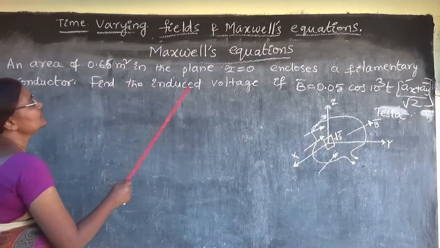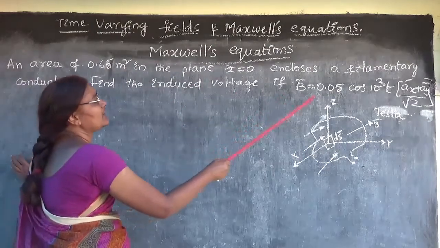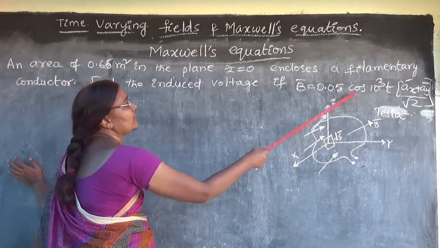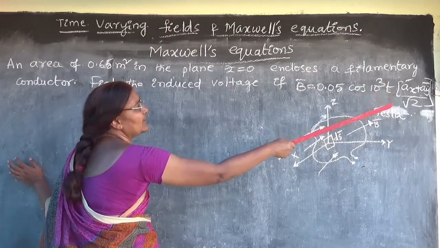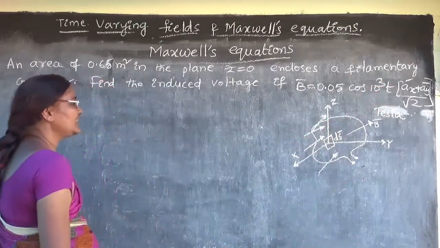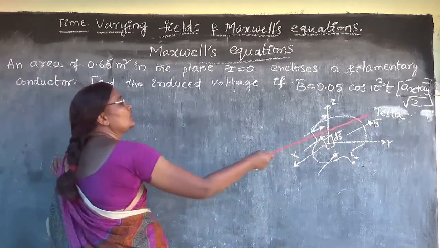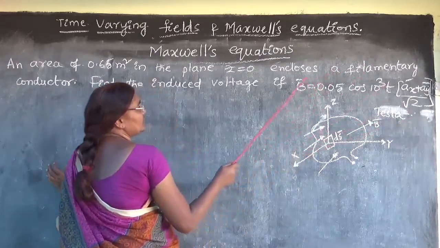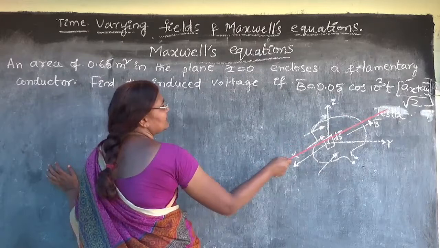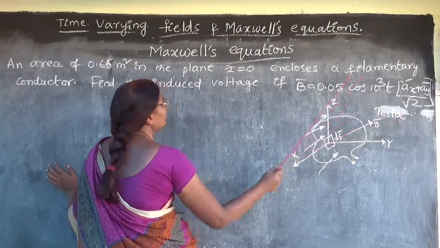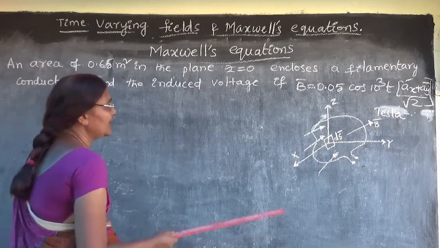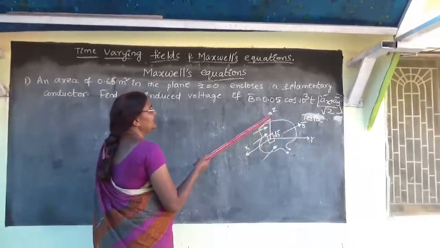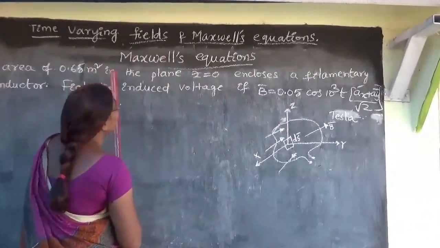Find the induced voltage if B bar equals 0.05 cos 10 cube t into (ax bar plus ay bar) by root 2 Tesla. Tesla is the unit for magnetic flux density. Now, here is the diagram.